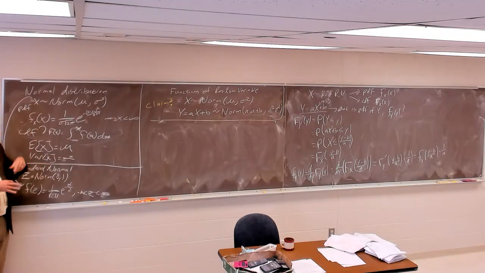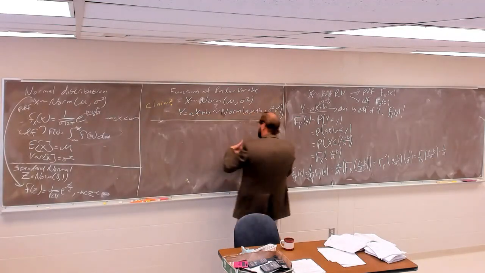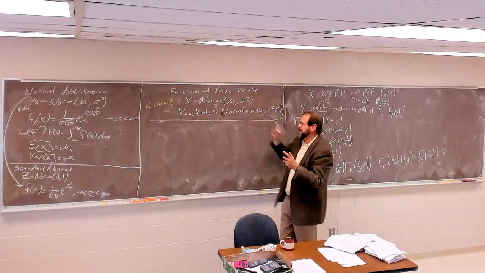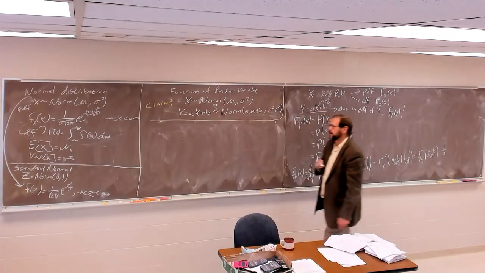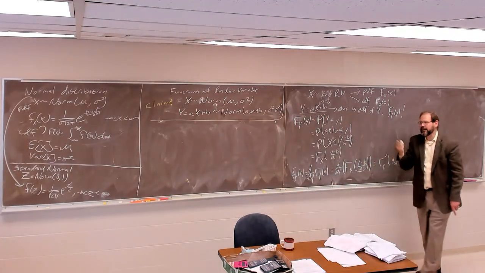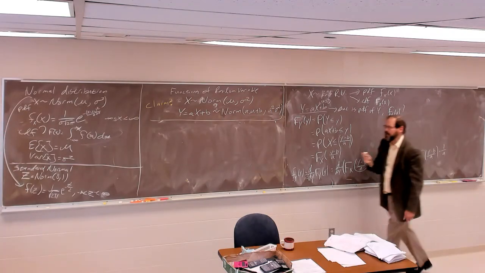Okay. Again, I can't expect that when I do a transformation on a random variable, I always get the same type of random variable. But what this seems to indicate is my claim, put a question mark here, we have to show this is true, then I'll get the same type of random variable. Okay. All right. So let's go ahead and do it.